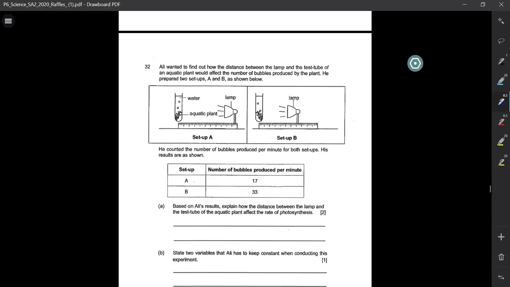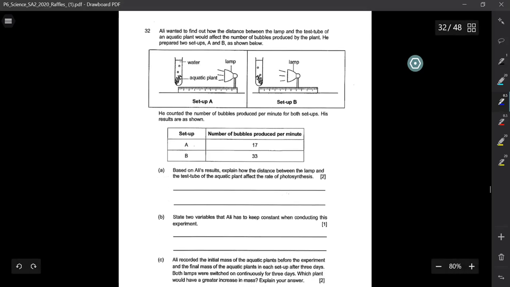And question 32. Ali wanted to find out how the distance between the lamp and the test tube of an aquatic plant would affect the number of bubbles produced by the plant. He prepared 2 setups, A and B, as shown below. Alright, and he counted the number of bubbles produced per minute for both setups. His results are as shown. So A, based on Ali's results, explain how the distance between the lamp and the test tube of the aquatic plant affect the rate of photosynthesis.